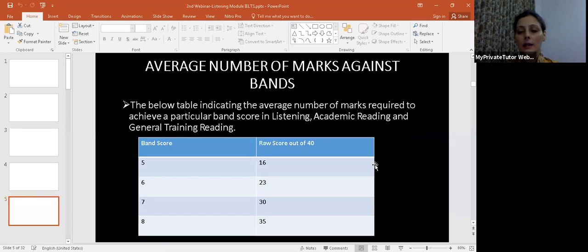Then I would like you to have a glimpse of the marks against your band, just to give you a general idea of how your marks are going to be calculated. The below table indicates the average number of marks required to achieve a particular band score in listening.